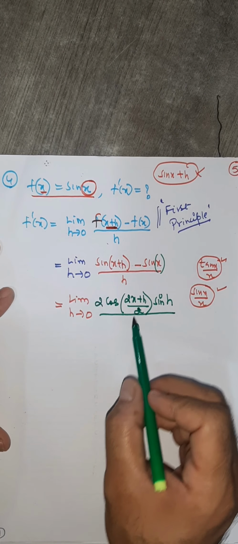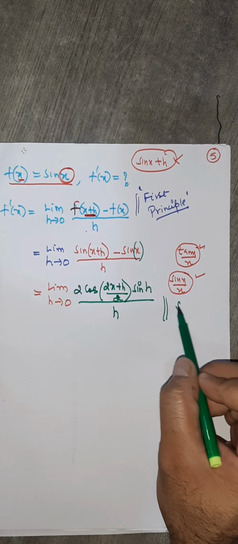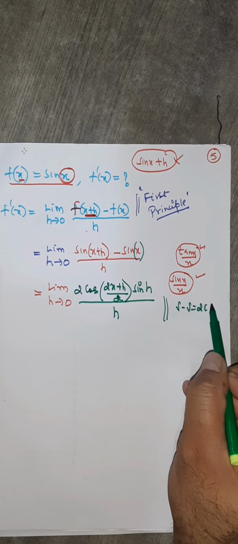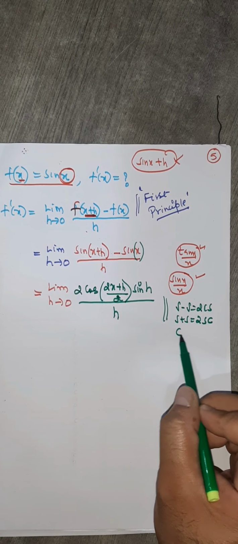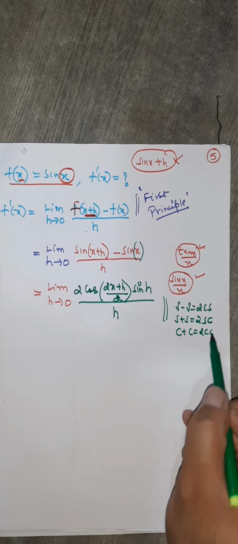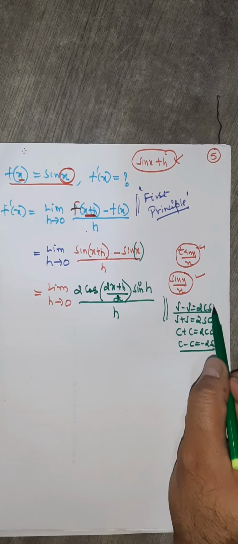What I did in the numerator, I've used those factor formulas. Do you remember? Sin minus sin is 2 cos sin. Sin plus sin is 2 sin cos. Cos plus cos is 2 cos cos. Cos minus cos is minus 2 sin sin. I've used this.